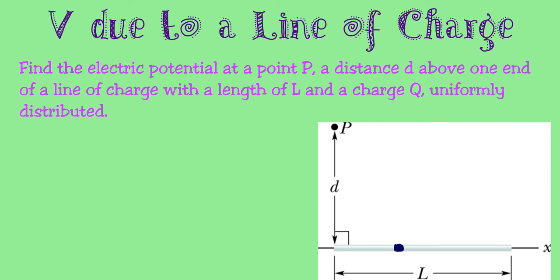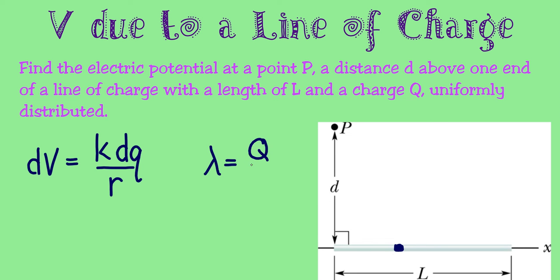So the little bit of potential from that little bit of charge, dV, is equal to k dq over r. Now, because we have a line of charge, we're going to focus on a linear charge distribution, which says that lambda is equal to the total charge divided by the total length.